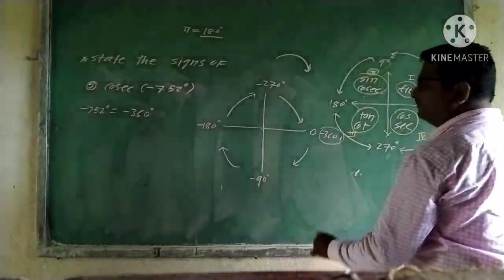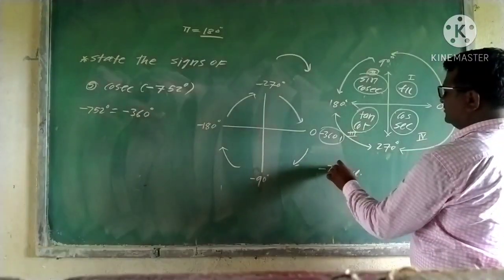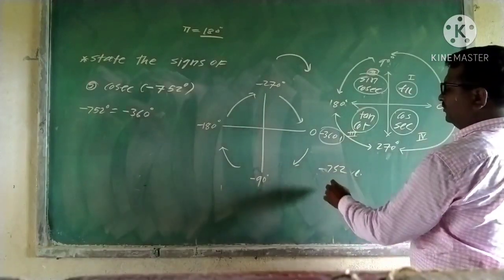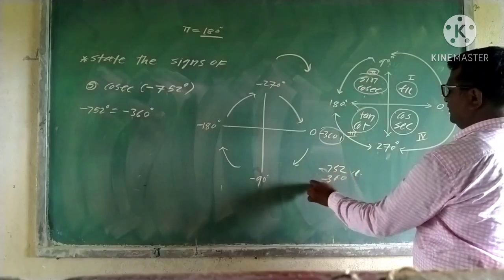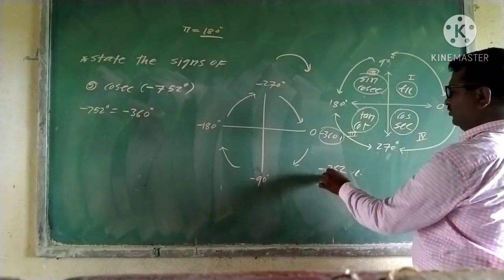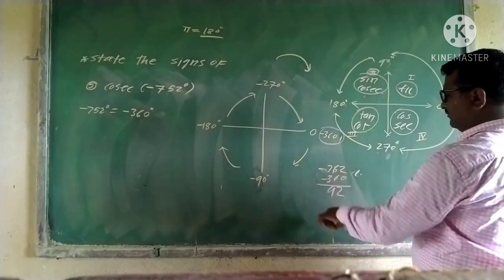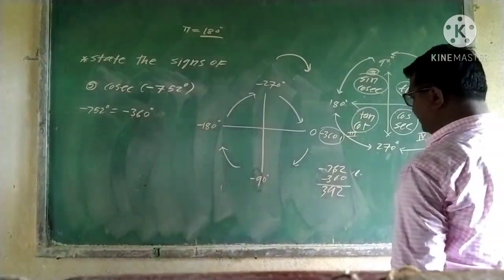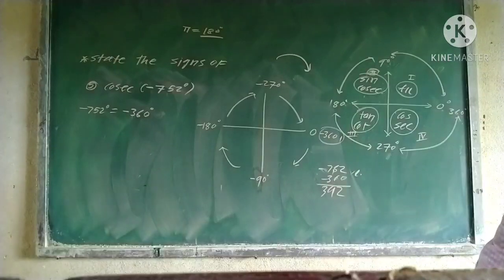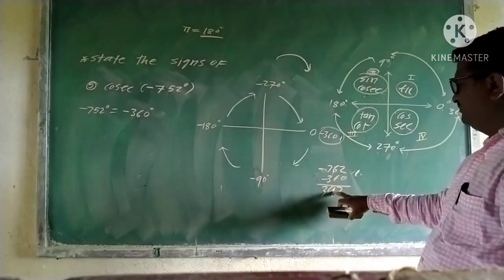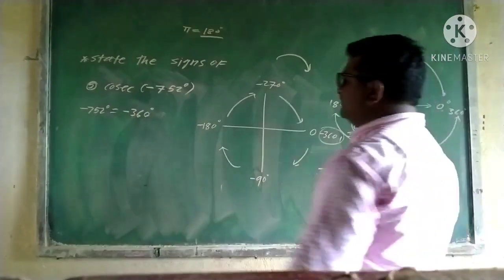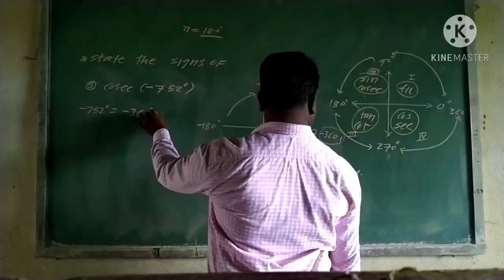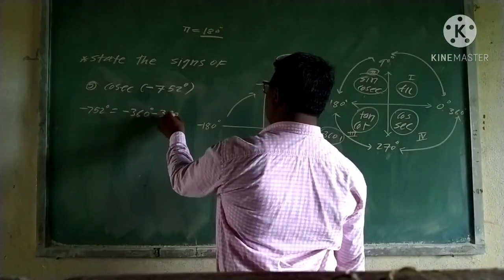Now let's see: 752 minus 360 gives 392, so minus 392 degree.